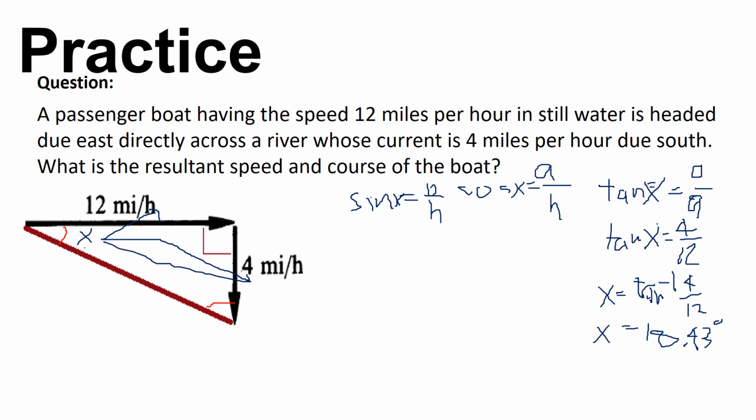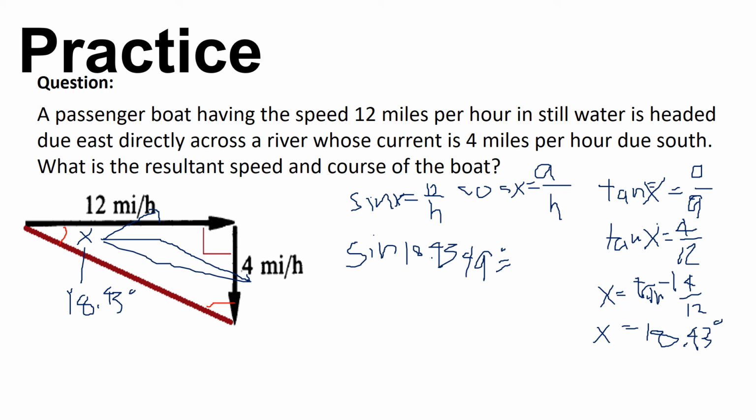Now, since we already have an answer for angle x, we can now use that to solve for the hypotenuse. You can choose either sine or cosine. Let's try sine. Sine of angle x, which is 18.4349 degrees, is equal to opposite.